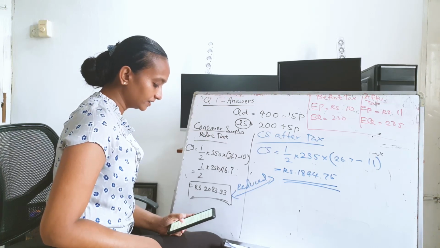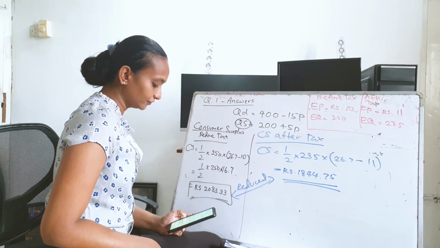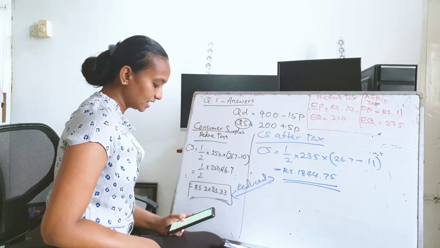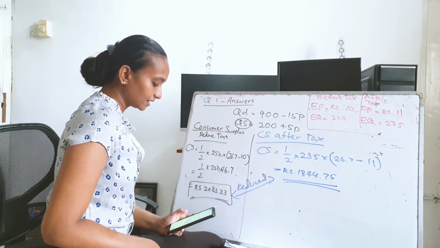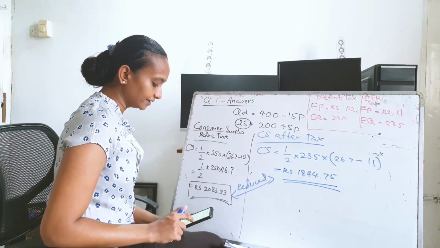Third one: when the government imposes a unit tax on a good which has inelastic demand and elastic supply, how do the consumer tax burden and producer tax burden compare? Explain your answer with a diagram.